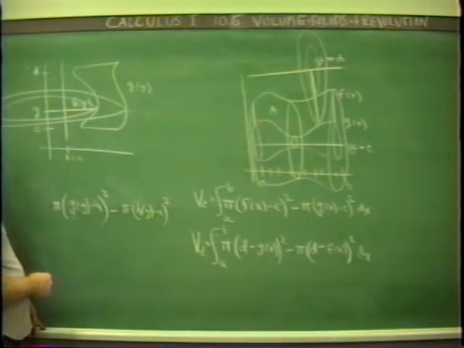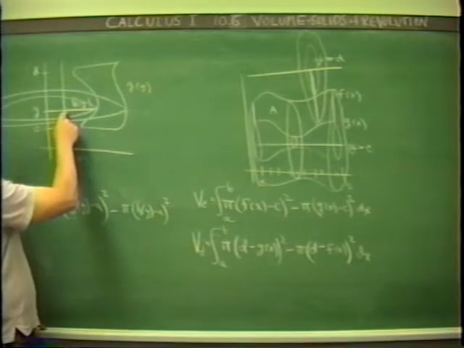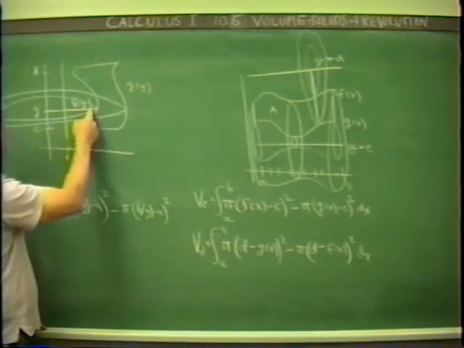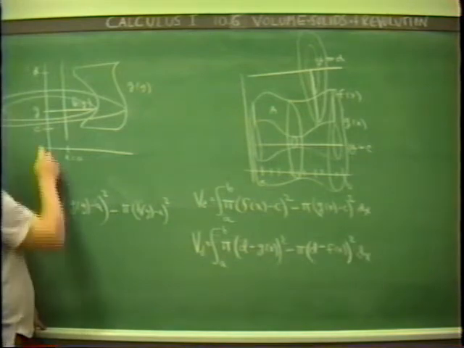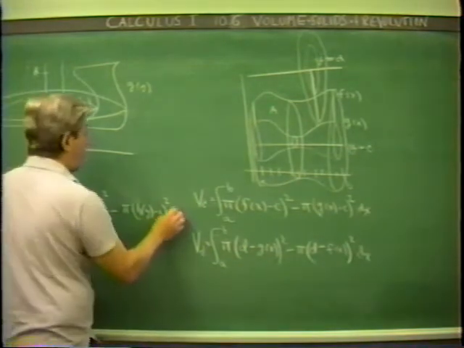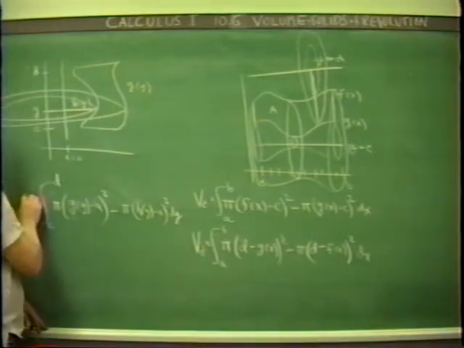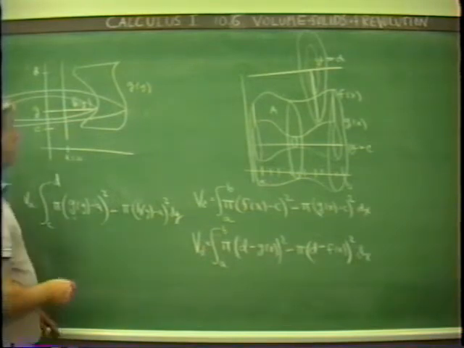H of y minus a is the inside radius, and so now this is the cross-sectional area. You want to integrate this from C to D with respect to y. And this would give you the volume here, revolving this around the line x equals a.